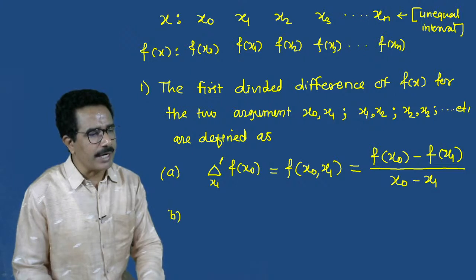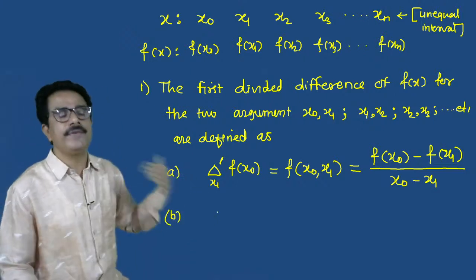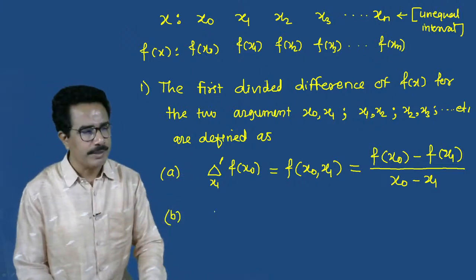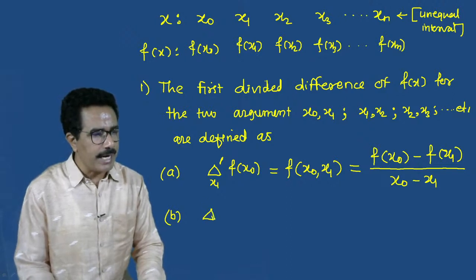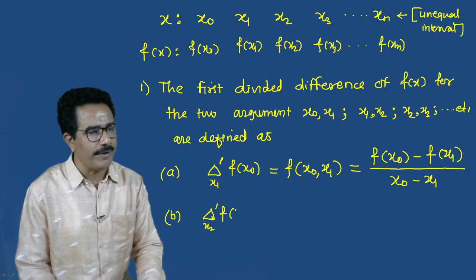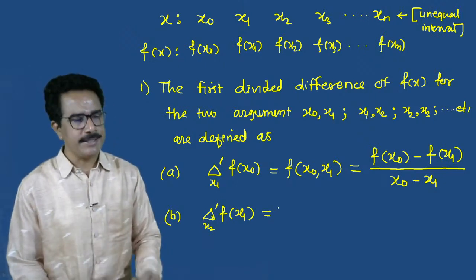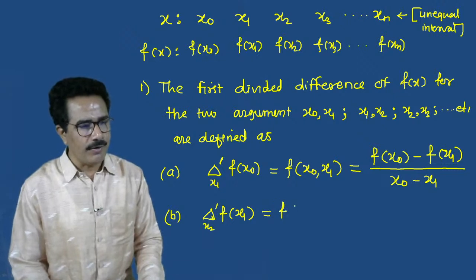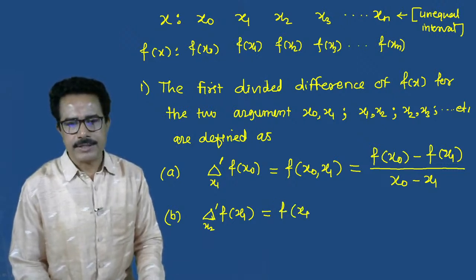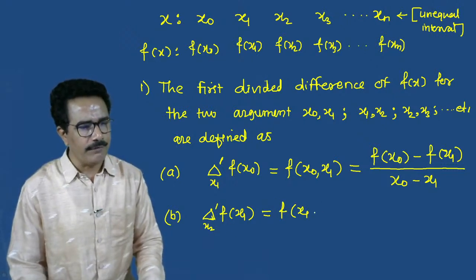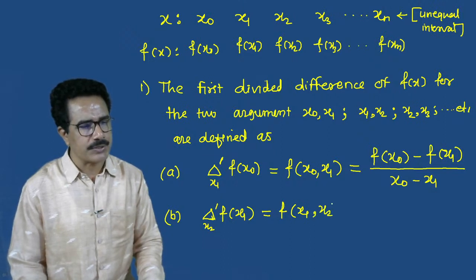Now we also write the second difference, first difference over x2. So delta dash over x2 of f of x1, how we can write this as f of x1 over x2, f of x1 comma x2.